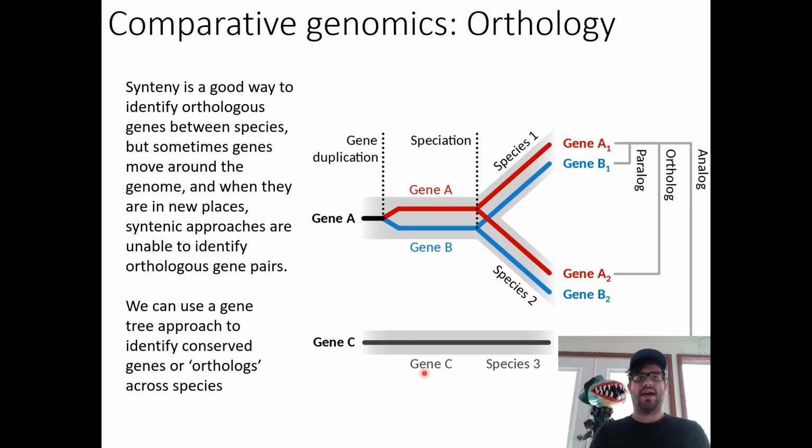And we could have perhaps this other gene here that is unrelated to this. It has a different function, but a similar sequence homology, and we can call these analogs. But in general, we care most about the orthologs to each other. So we can use this phylogenetic-based approach to identify the origin of these genes, and then we can group them into groups called orthogroups based on their origin.